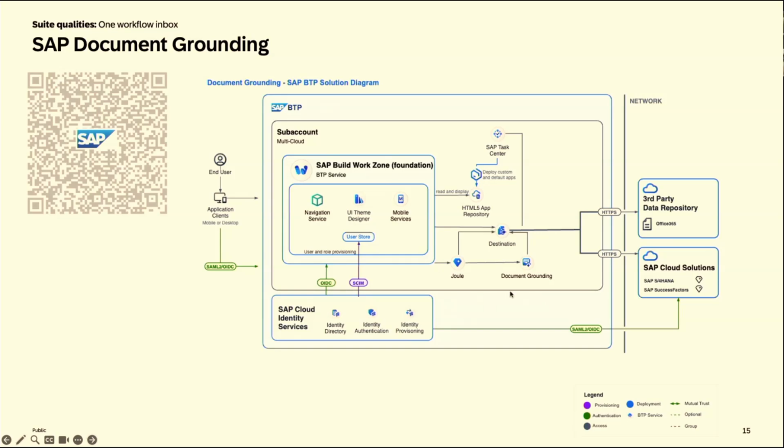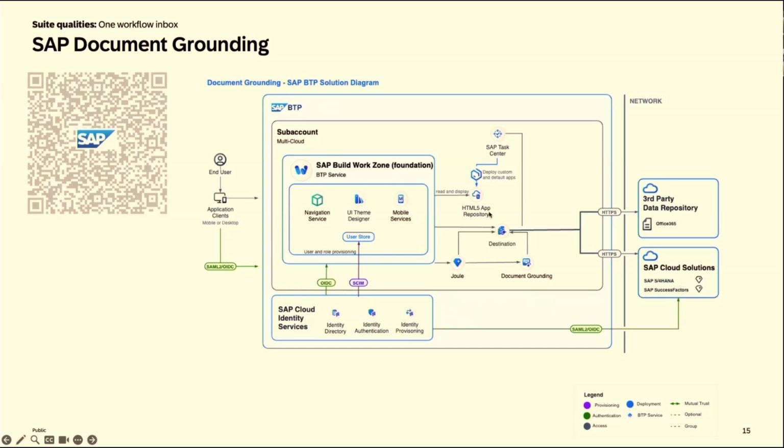We also see the integrations with third-party data repositories like Office 365, or the SAP cloud solutions, in this case S/4HANA and SuccessFactors, which also have Joule enabled in the application itself.